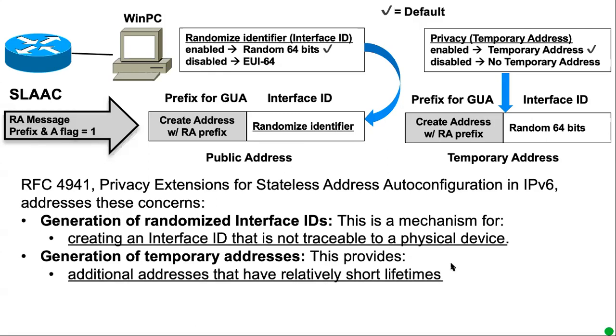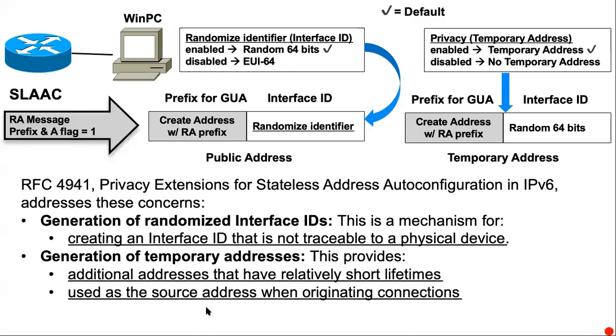So what does this provide? This provides for addresses that have relatively short lifetimes. This is actually an address that will be used as the source address whenever the device is originating a connection.